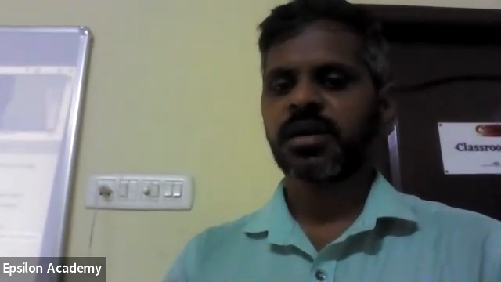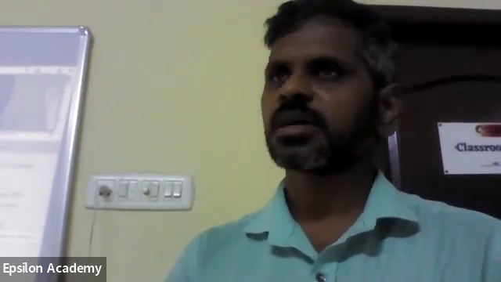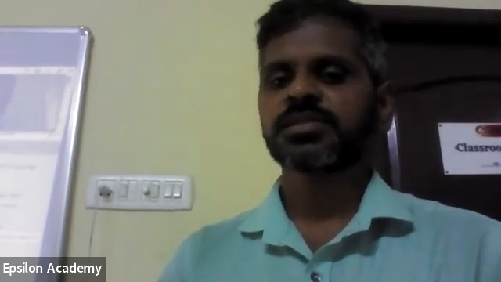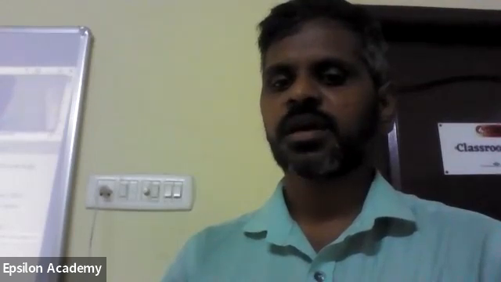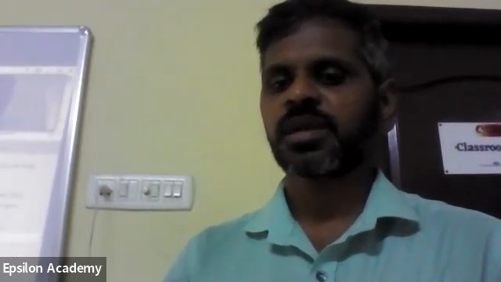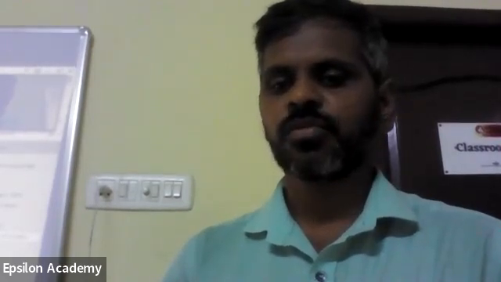Denominator is root of 1 minus tan square x. Correct? Numerator is 1 plus tan x plus 1 minus tan x, tan x, tan x cancel. So 2 by root of 1 minus tan square x, is there any formula?